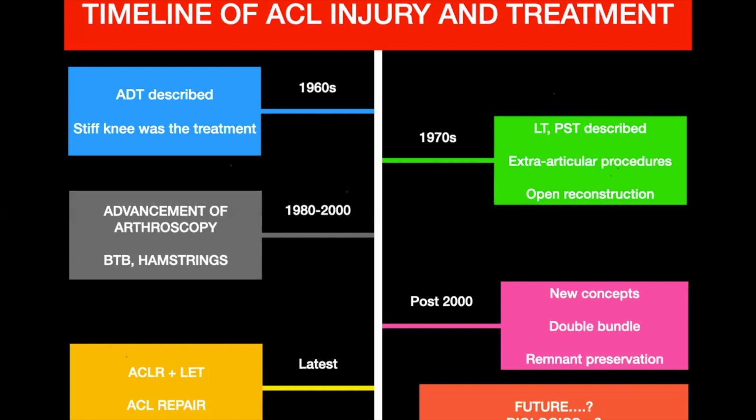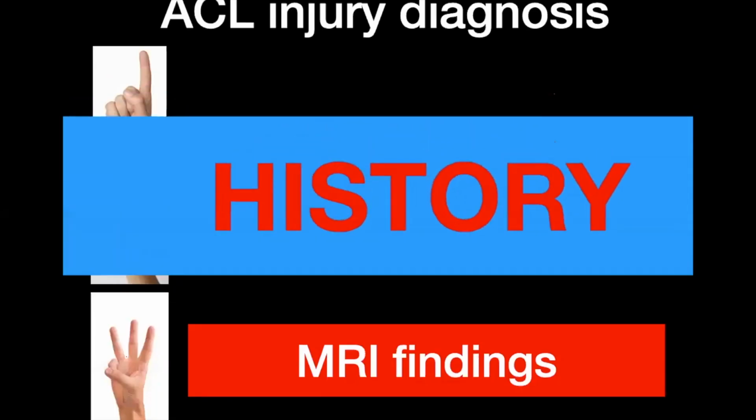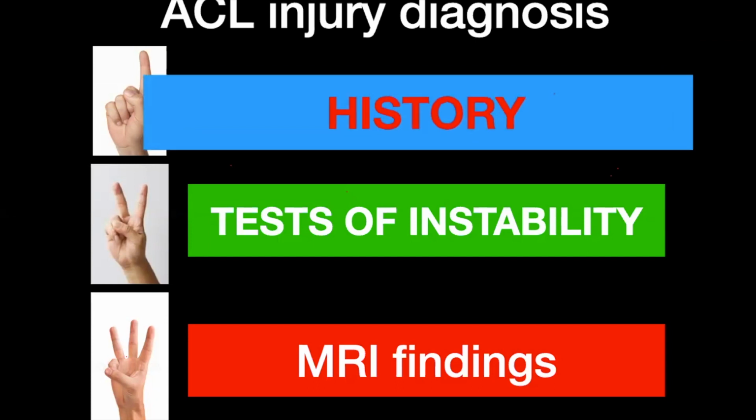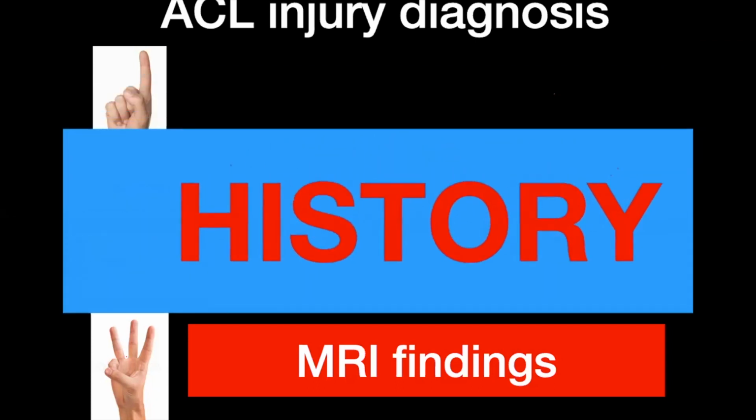So with this background, as we all know, ACL injury is diagnosed with history, various tests of instability, and MRI findings. Talking about history, I would like to ask Naveen sir.